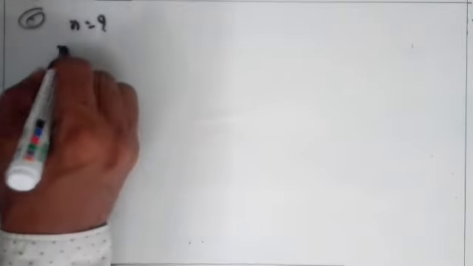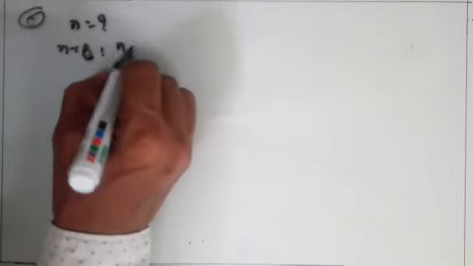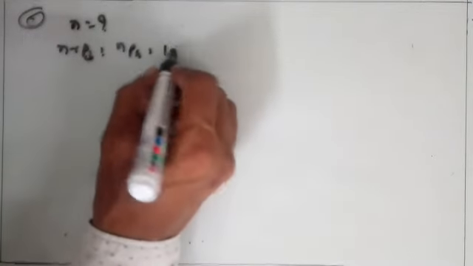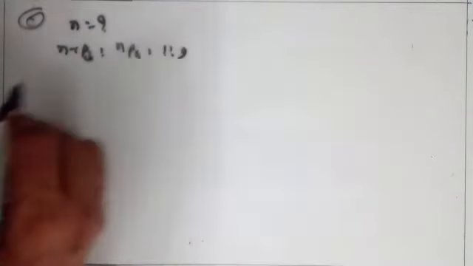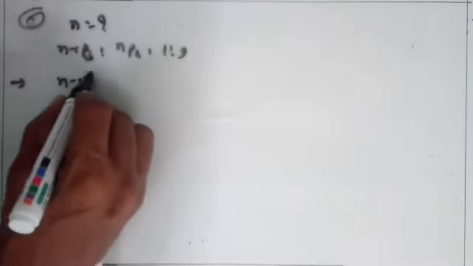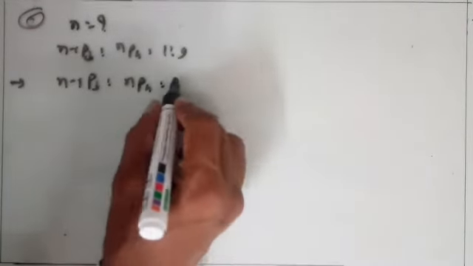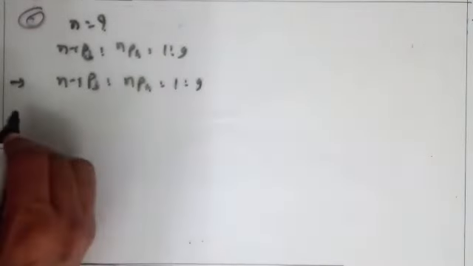Now question number 6. Find n if (n minus 1)P3 ratio nP4 is equal to 1 ratio 9. Here given (n minus 1)P3 ratio nP4 is equal to 1 ratio 9.